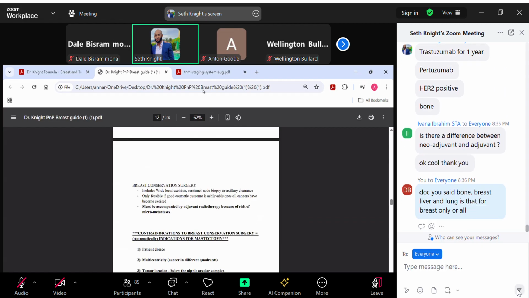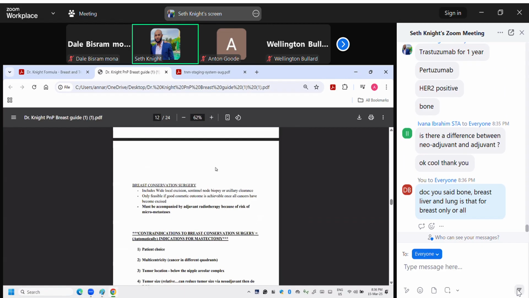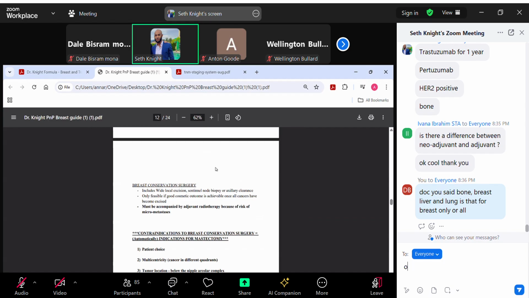Are we clear? You're going to get 5 to 6 questions on breast. Bone, breast, liver, lung, yeah, that's it. Most cancers would spread to bone, breast, liver, lung. Most of them. Some have a greater affinity for one place than the other.